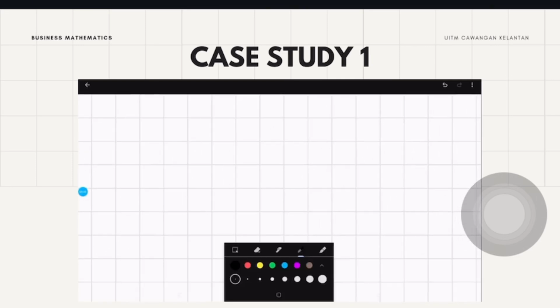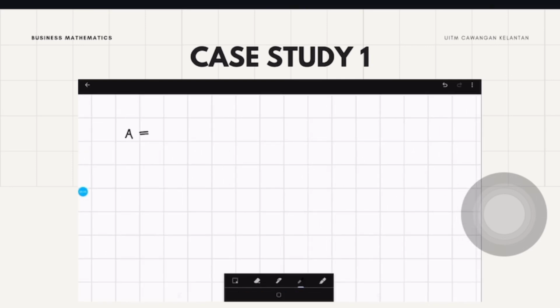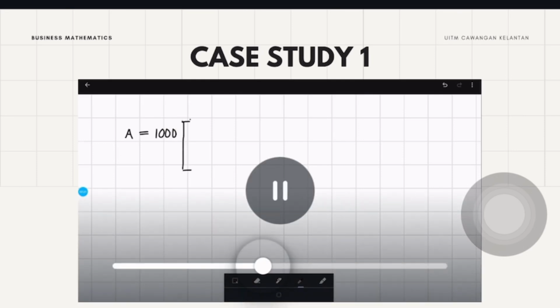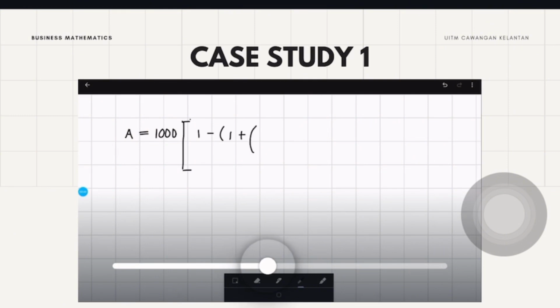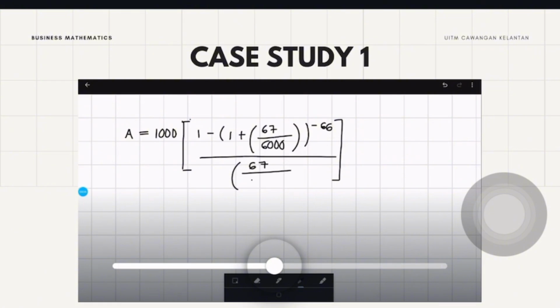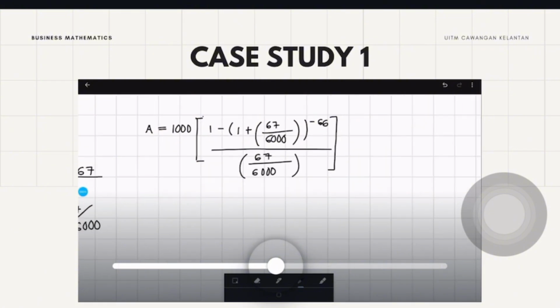We are going to use the same formula that we used for Diamond Bank. I am going to show you the equation. Of course, I will change i to 67 per 12,000, and for n, I will change it to negative 132. And do not forget to divide by i, which is also 67 per 12,000.